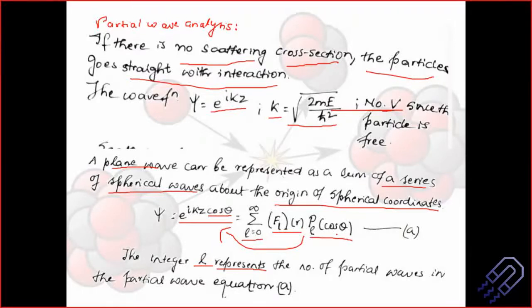They represent the state of the wave. So please keep it simple, don't get too confused here. The integer L represents the number of partial waves in the partial wave equation. We do have partial wave equations here, and these are basically called the partial waves.